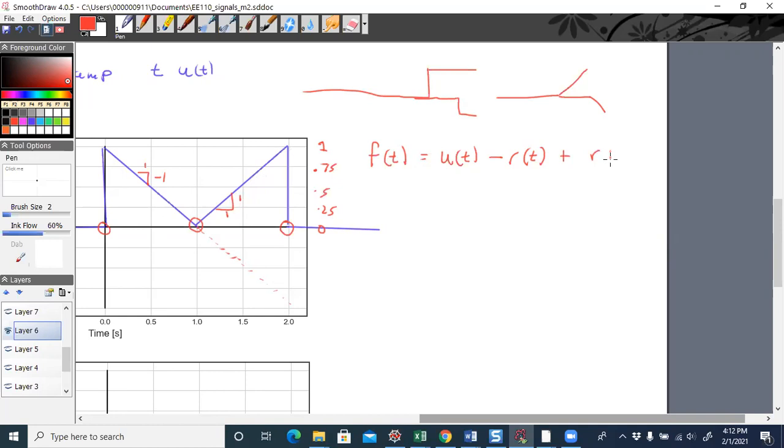So I'm going to have some kind of positive ramp. Now, before these were happening at 0. Now this is happening at 1. So I've delayed it by 1. Now, if I'm going down 1 and then I'm going up 1, that was like a change of 2, right? So I have to do the 2 there.